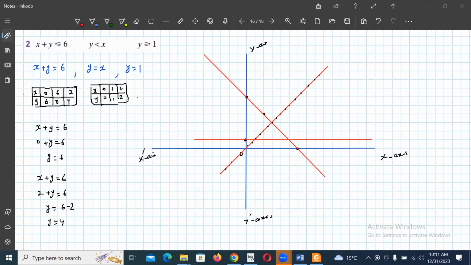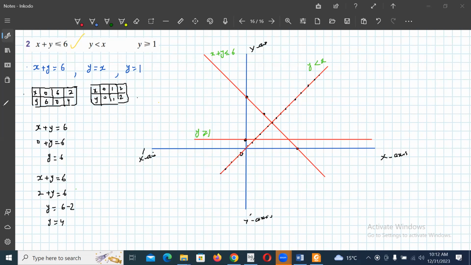For that, I will take the first one, x plus y, we have less than. And remember that it is better you write all these inequalities. So the first one is x plus y less than or equal to 6, and this one is y less than x, and this one is y greater than or equal to 1.